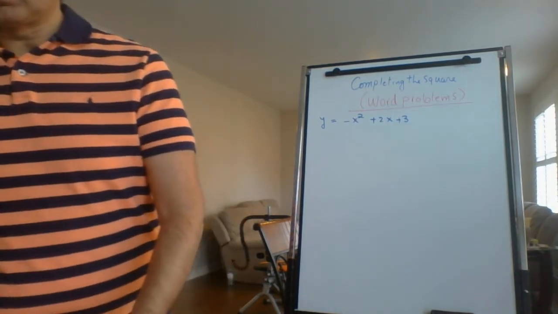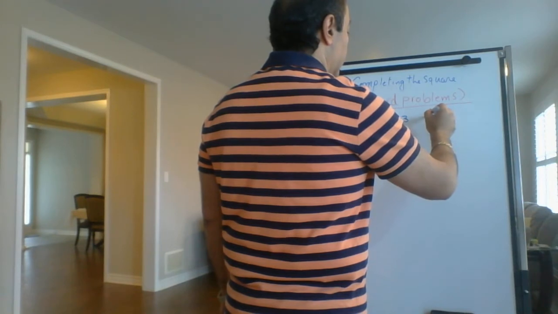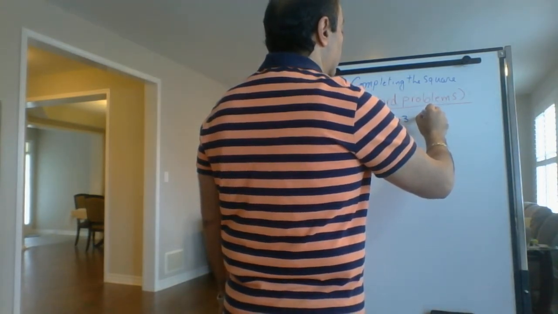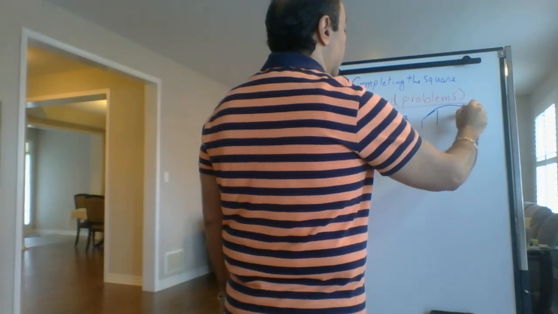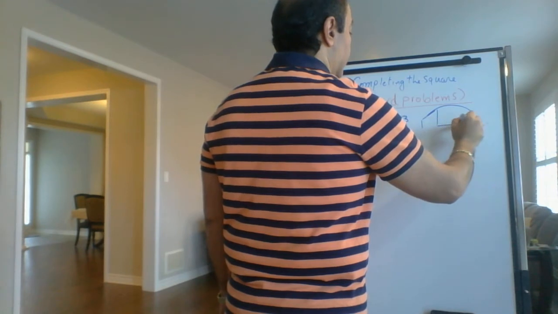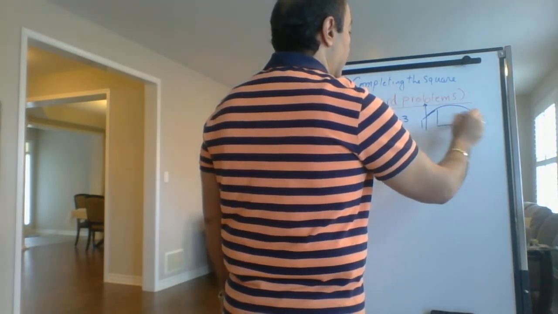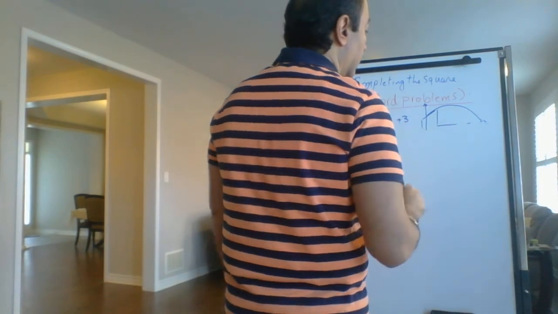So if you imagine there is a fence here and there is a ball that is thrown, this is representing x and this represents the y.